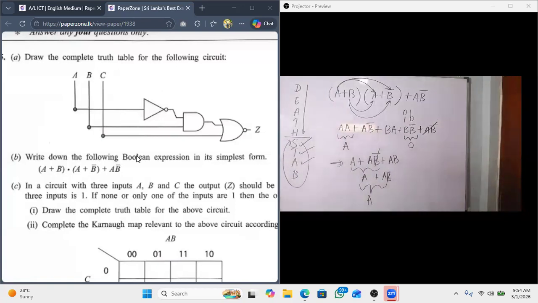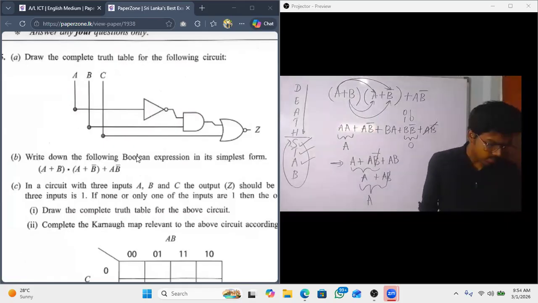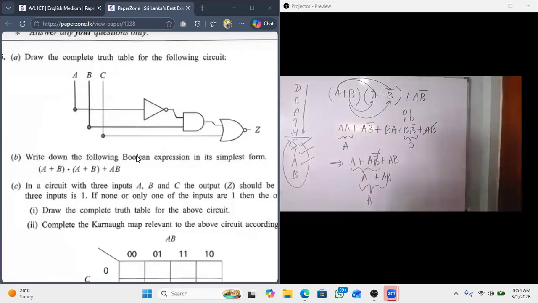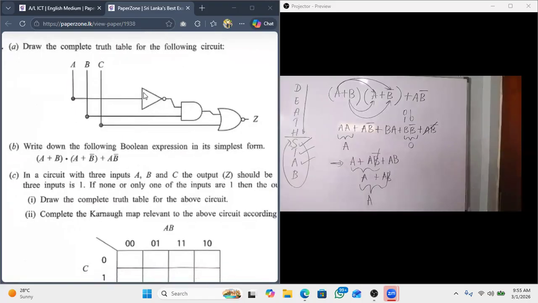Did you understand the method? Tell me, did you understand everything clearly? Is this way clear? Okay, Kansa is telling, okay, clear.